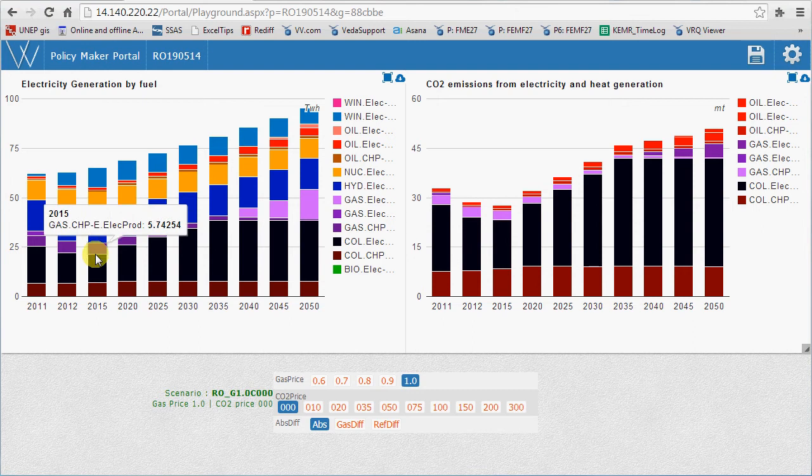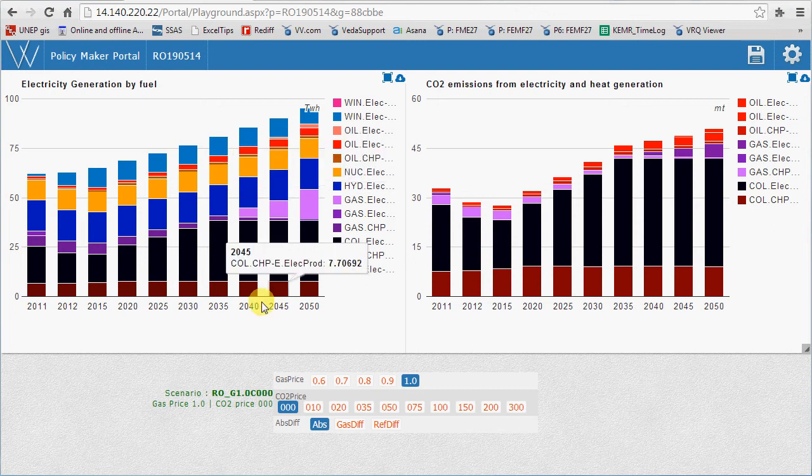So the new technologies come basically later on, because I've assumed the utilization factor or the availability factor to increase over a few years. So the new capacity is really required later on, which is mainly gas in this case.